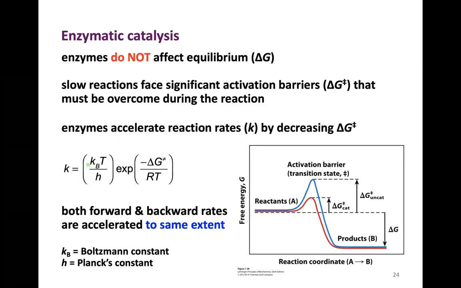And you can see that it's a collection of terms of Boltzmann, the temperature, and Planck's constant, okay? And there's this relationship between the reaction rate, small k, and the activation energy barrier, delta G double dagger, okay? It's an exponential relationship.